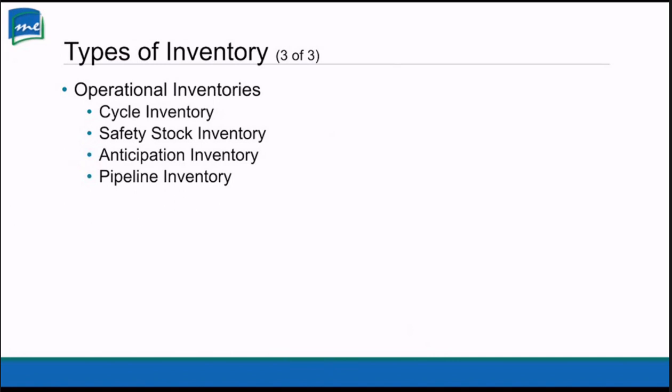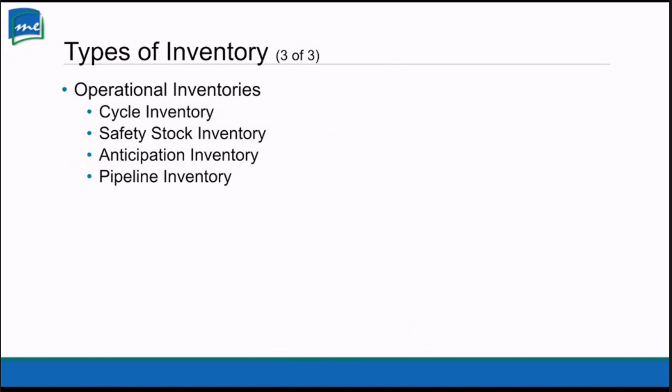And the pipeline inventory, the last one, is the inventory which is created when an order for an item is issued but not yet received. So this takes the lead time into consideration. When you want to know how much inventory you have, do not forget the inventories you haven't received yet but have already placed an order for. That portion we call the pipeline inventory.